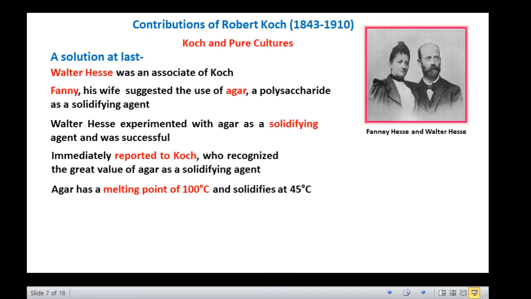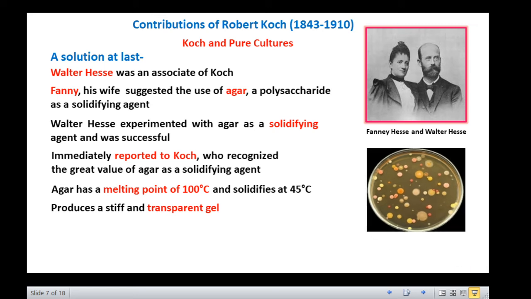Second, it produces a stiff and transparent gel, making the visibility of colonies very easy. Students, you can see all different colored colonies on the agar plate very easily and clearly.